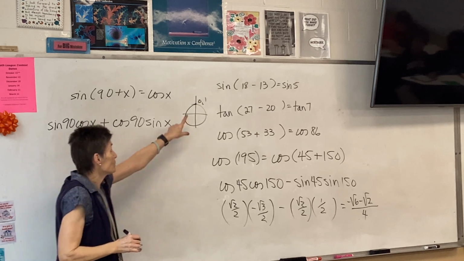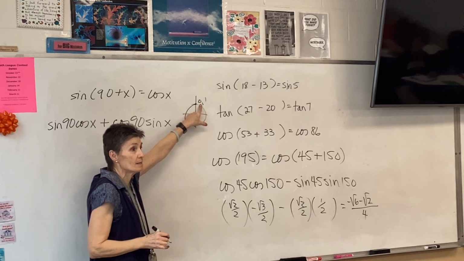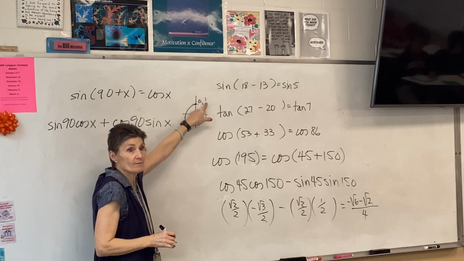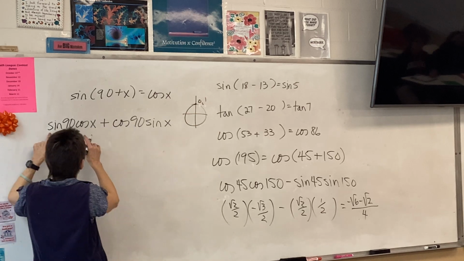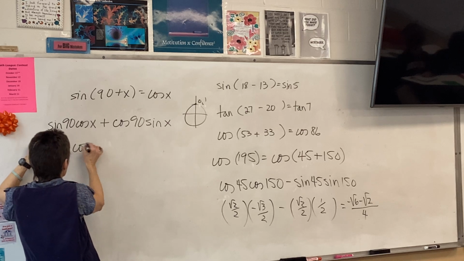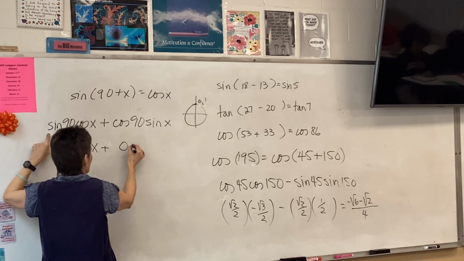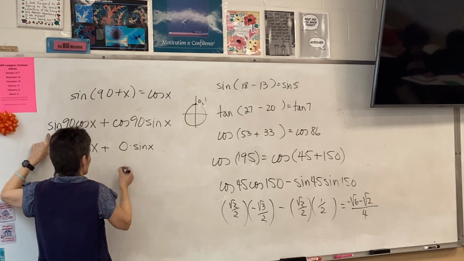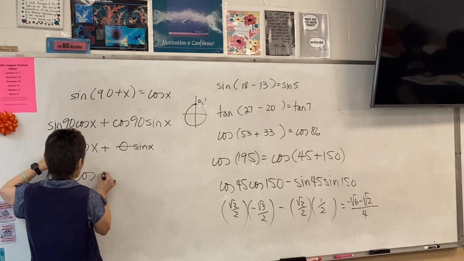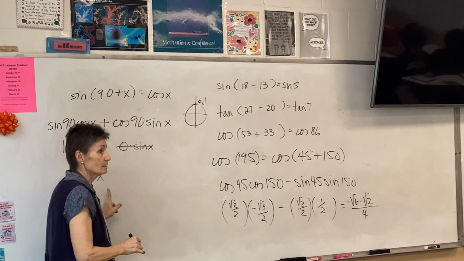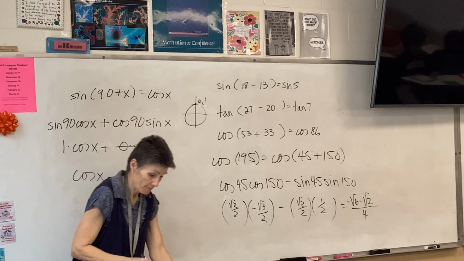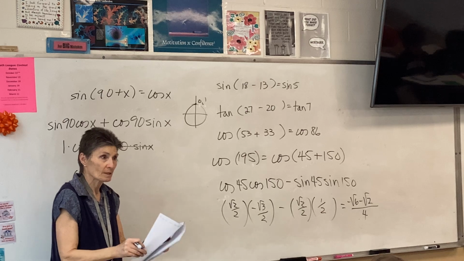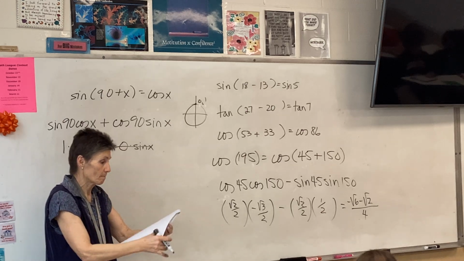The cosine of 90 is 0, and the sine of 90 is 1. So sine 90 is 1, cosine 90 is 0. So that's gone, and all I'm left with is 1 cosine x, which is what I wanted to be left with. See how easy that is? These are all test questions.